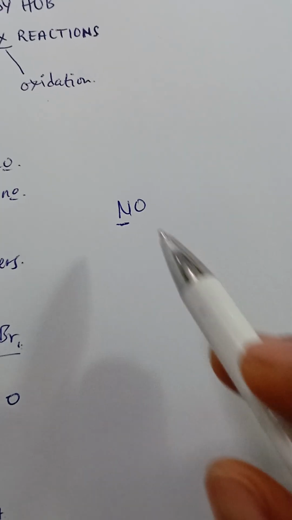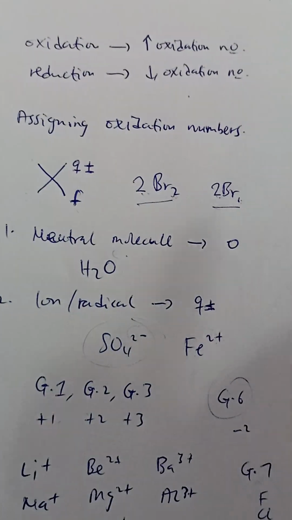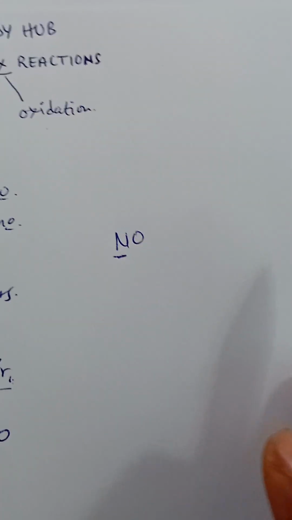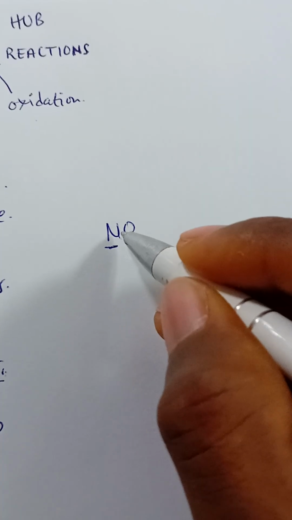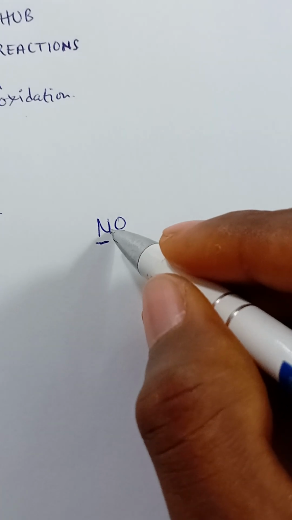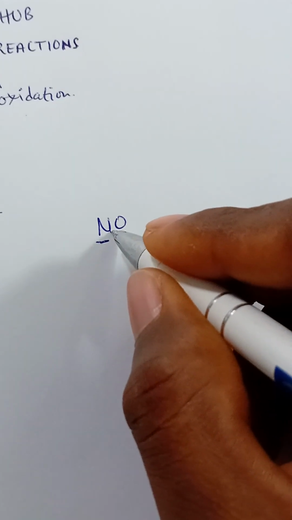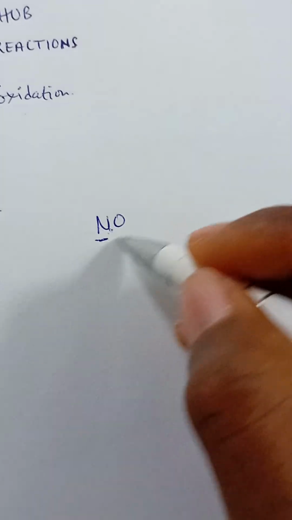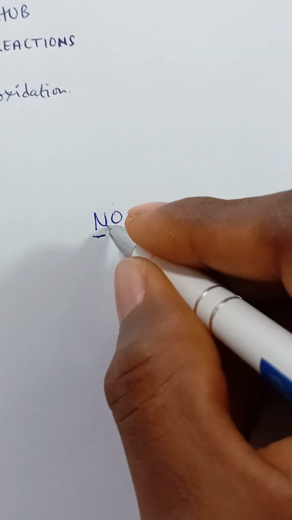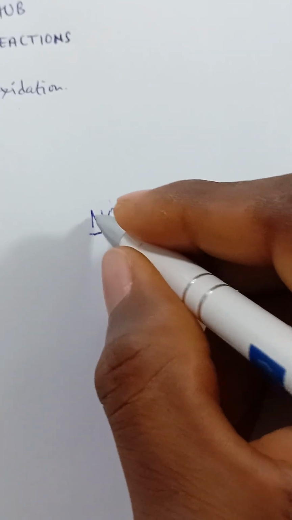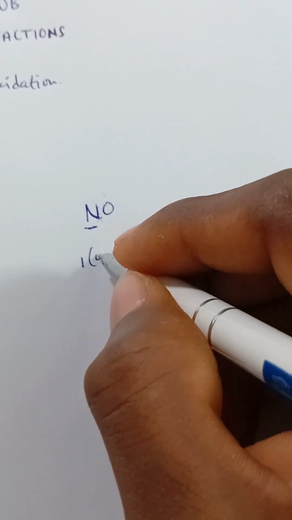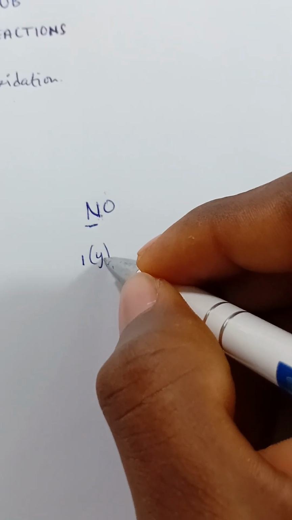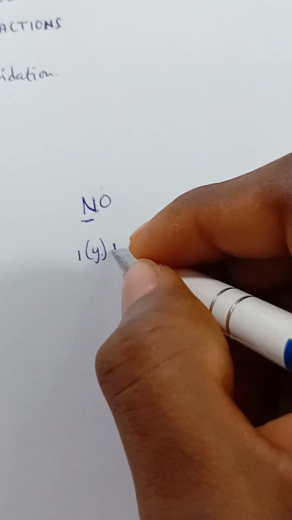So we want to find the oxidation state here. Remember we spoke about frequency and charge. What's the frequency of the nitrogen atom? It is 1. If we let Y be the oxidation state of nitrogen in this whole molecule, then 1 times Y, plus oxygen.